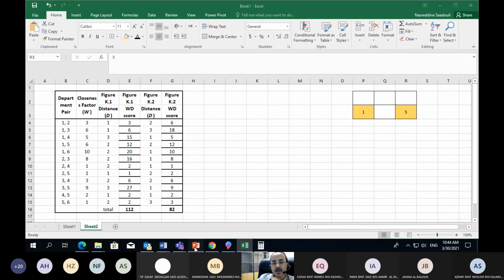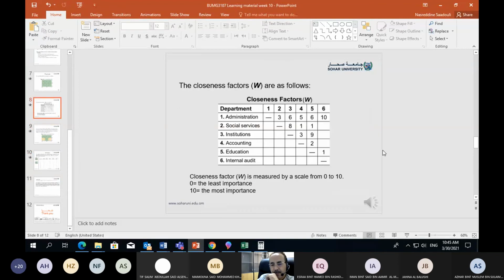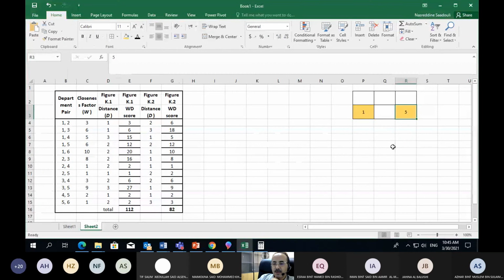If I look at the closeness factors and try to decide, you can see that 1 has to be very close to 6, must be next to 6. So where could I put 6? That means I could put 6 here or here.